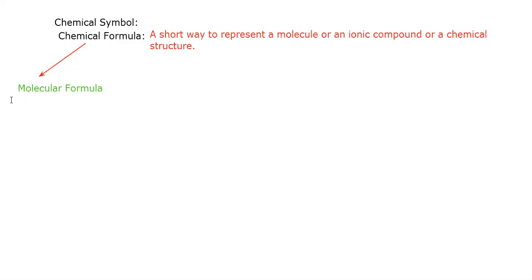For example, I'm going to give one example here, that is glucose. Now tell me, what is the chemical formula of glucose? That is C6H12O6. Or should I write it this way? The chemical molecular formula of glucose is C6H12O6.